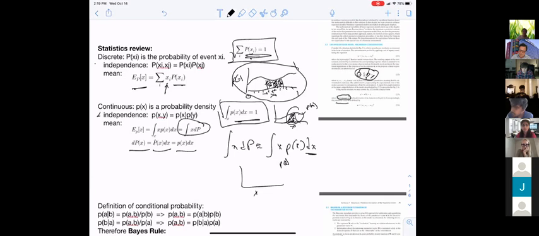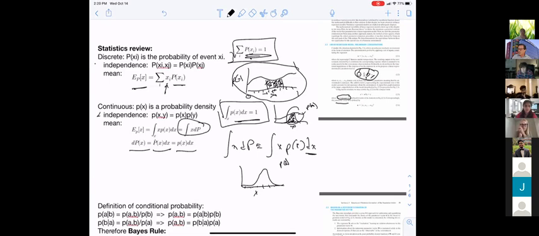So suppose P of X does something like this, and I could chop up this interval in different ways.